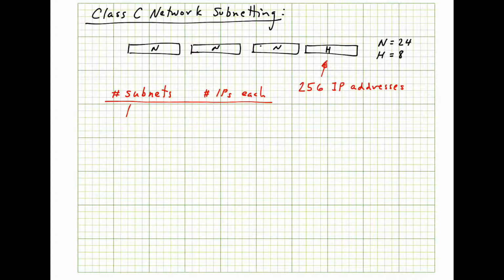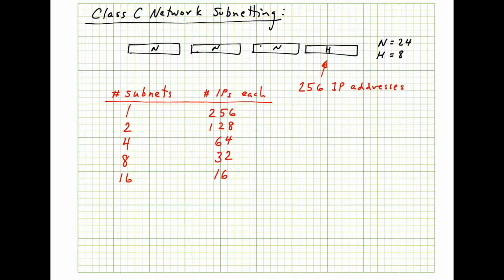I can either leave it as a Class C and have just one big Class C network with 256 IPs in it, or I can break it into 2, each with 128, 4 subnets, each of size 64, 8 subnets, each of size 32, 16 subnets, each of size 16.